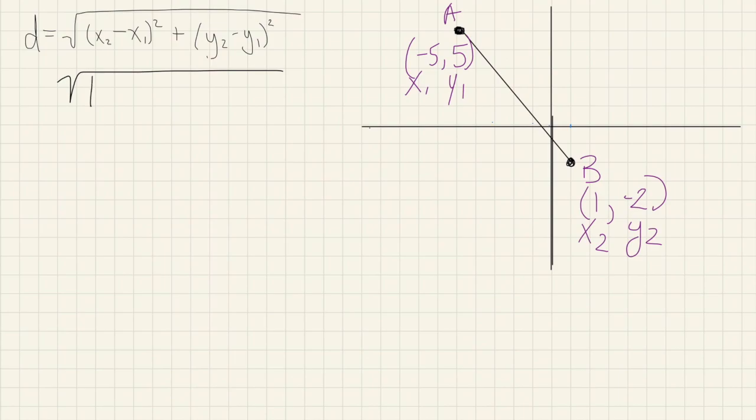So our X2 is 1 minus negative 5. So we can add a line, change the sign. Squared plus Y2 is negative 2 minus Y1, which is 5, squared.